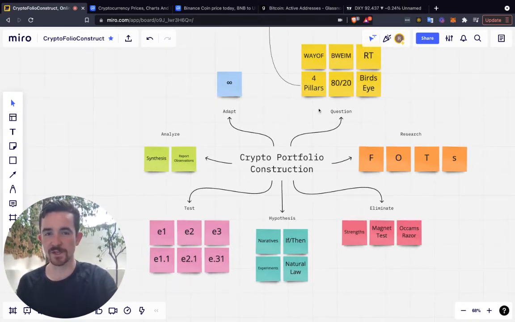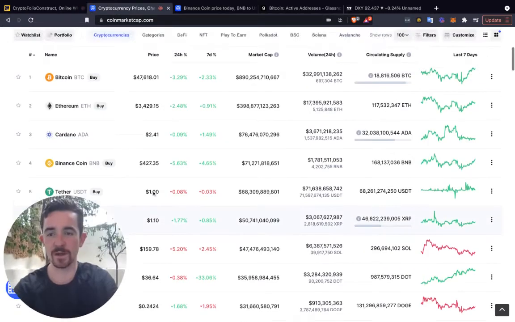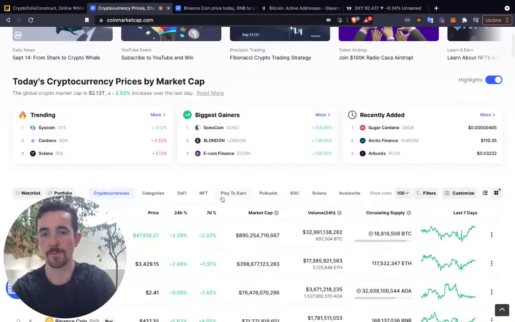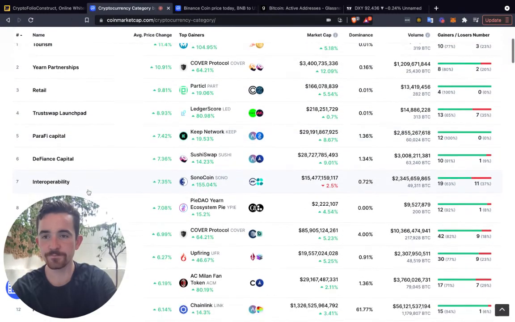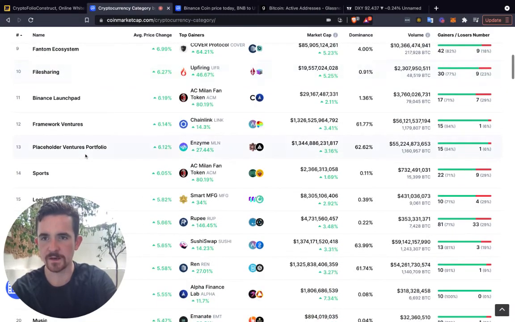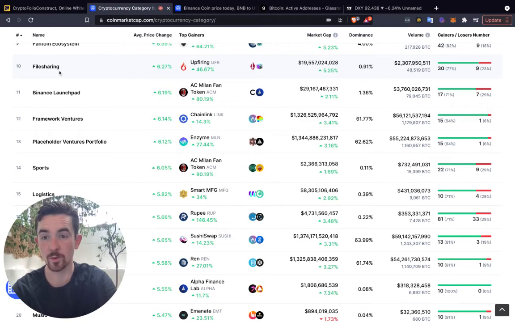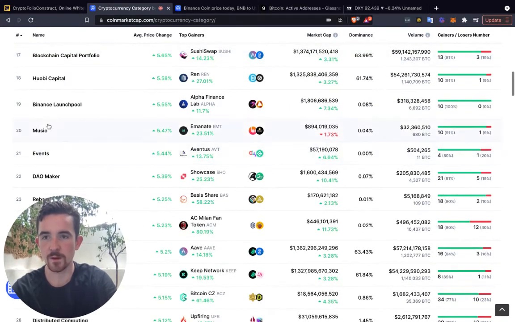Moving on, so we have the question stage, the research stage. The research stage, like I said, is where you want to identify a narrative, identify a category. So for example, if we're looking at different categories, things like interoperability, things like file sharing, like Filecoin, things like masternodes, all these different things.